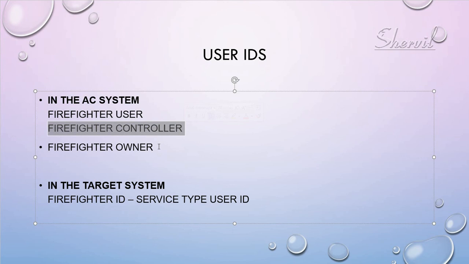So the controllers monitor the firefighter ID usage, not the firefighter usage, by reviewing the log reports or log report workflow and receiving email notifications of firefighter ID logon events. Okay, now each of these users will be assigned roles. Okay, we'll see what those roles are.